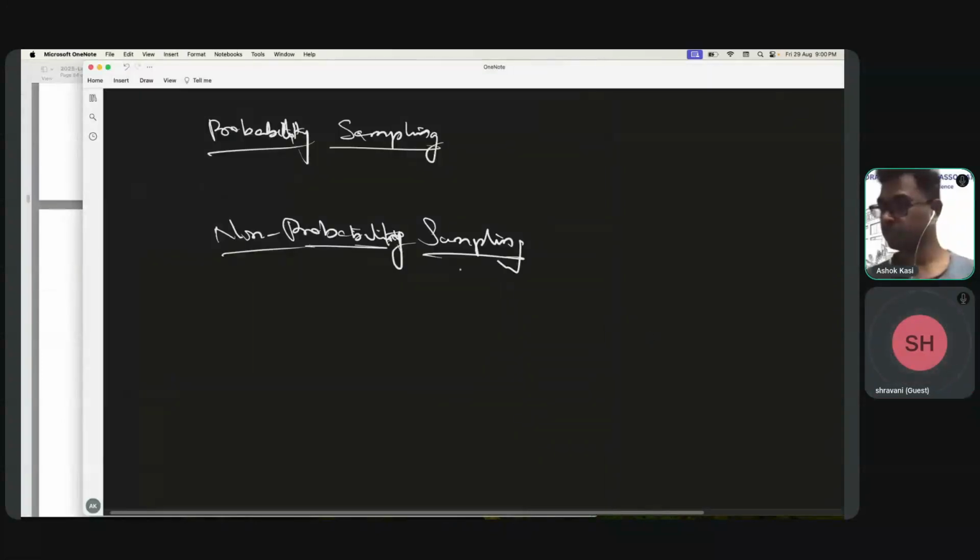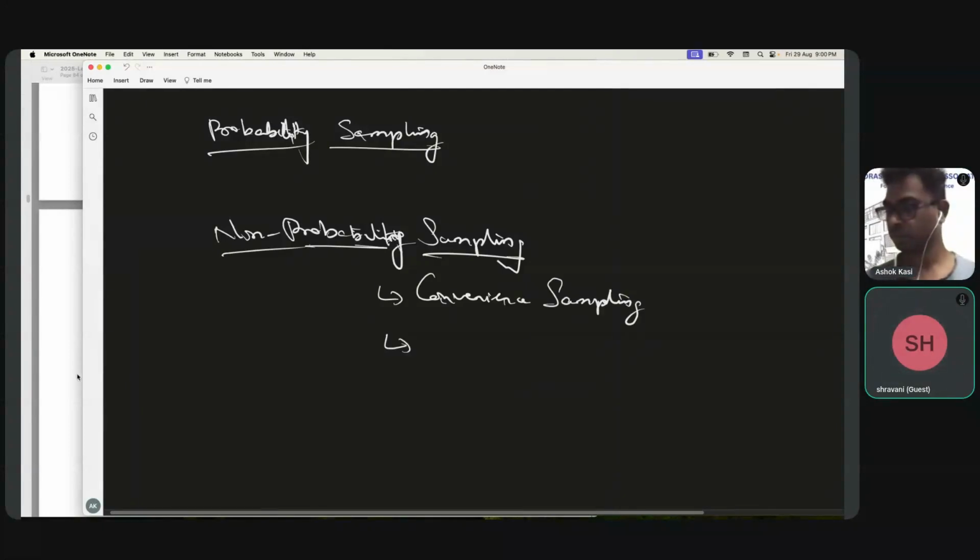Non-probability sampling is convenience sampling, judgmental sampling.